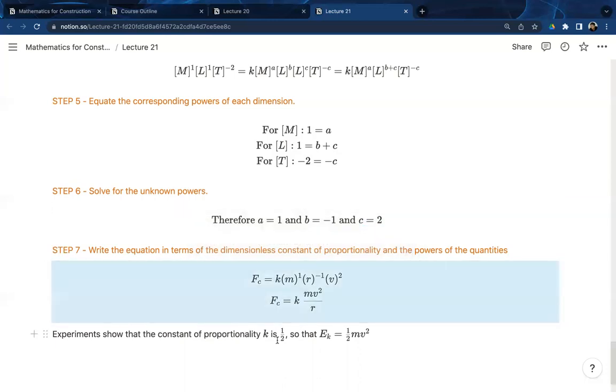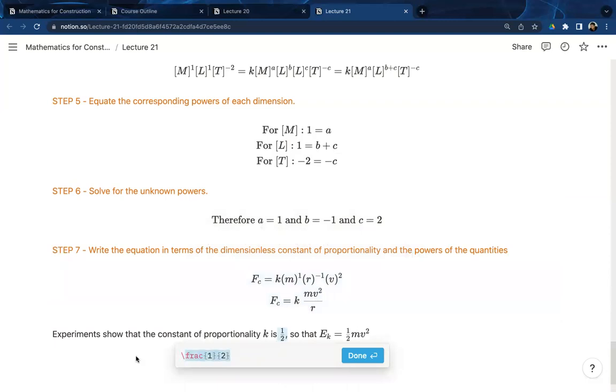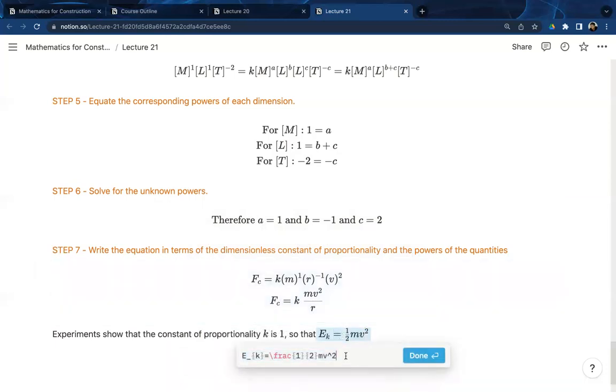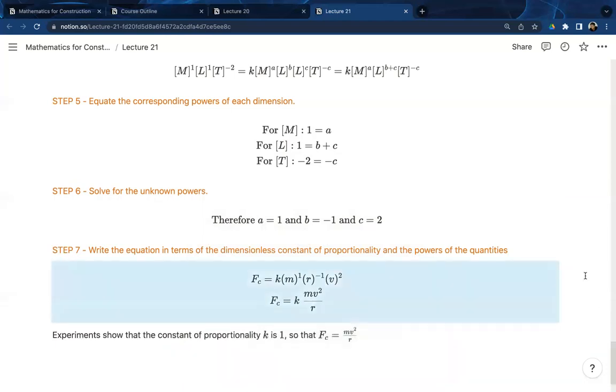Now experiments show that the constant of proportionality is actually 1, right? So centripetal force in physics is just mv squared over r. Okay, there's a formula here.